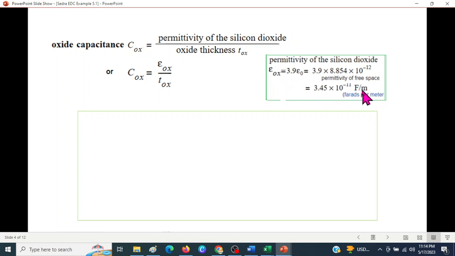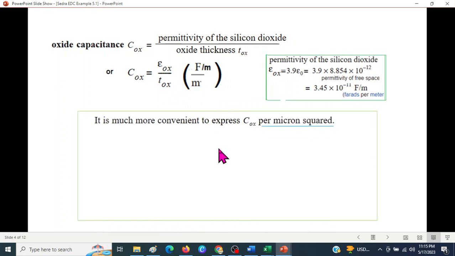The unit is F over M, F is for farad and M is for meter or per meter. One more thing, the formula here is EOX, for which we saw F over M, and the thickness is in meters. So we have to keep this in mind.